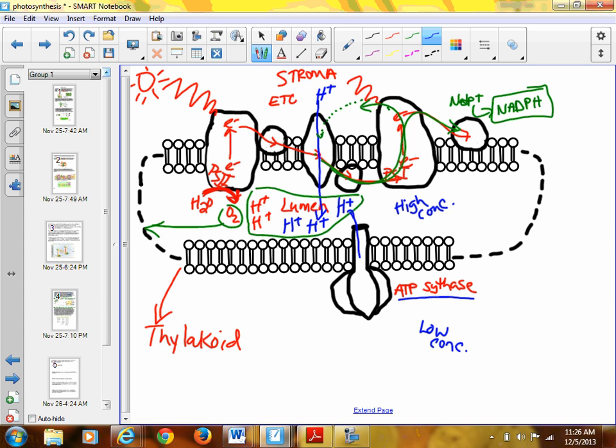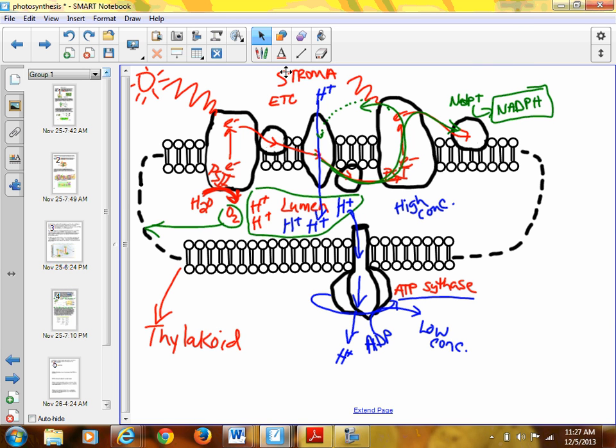So every time one of these protons gets pushed through, it causes this to spin. And when that spins, it's going to take an ADP, adenosine diphosphate, and turn it into a powered up ATP molecule.